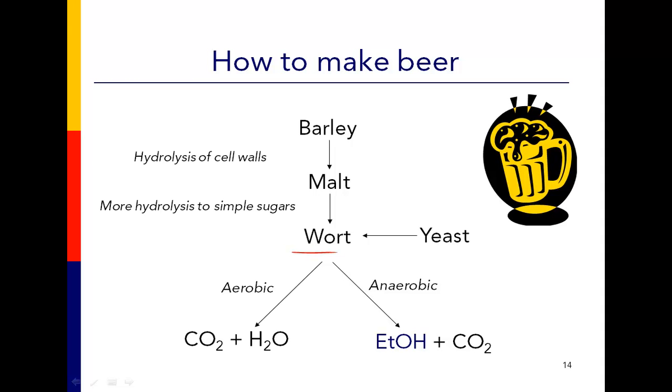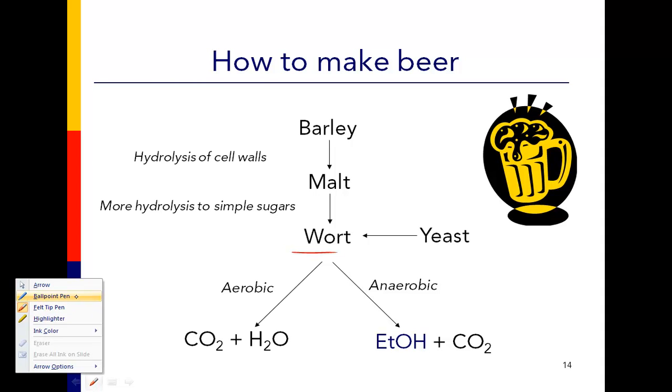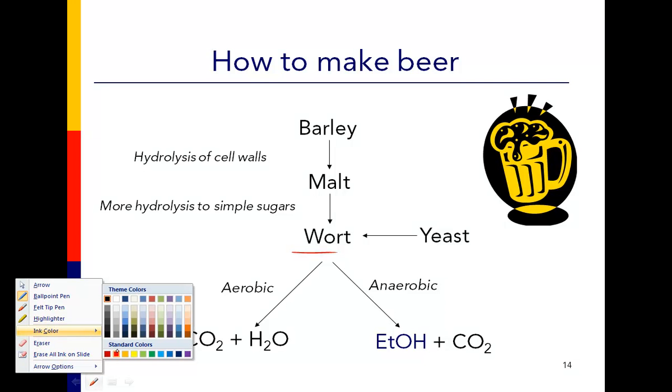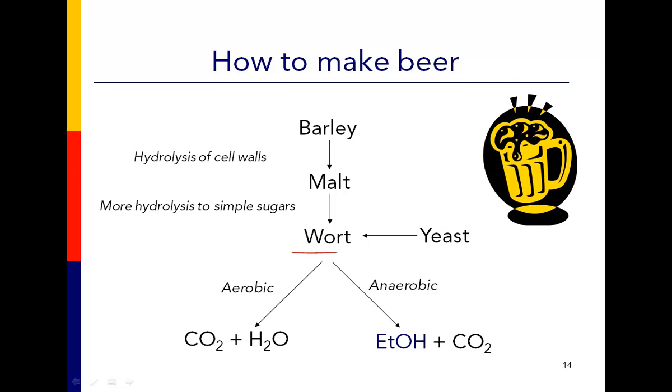Okay, and so what's the difference between wine making and beer making? Winemaking uses grapes. Did you know that when you make wine, you don't have to add yeast? Why don't you have to add yeast when you make wine, but you have to add yeast when you make beer?